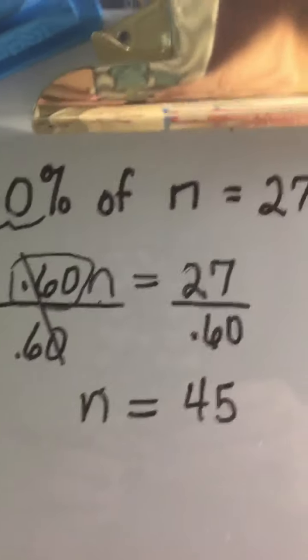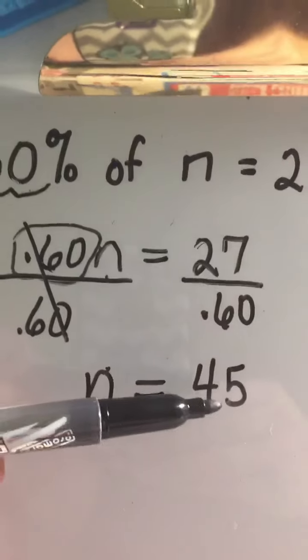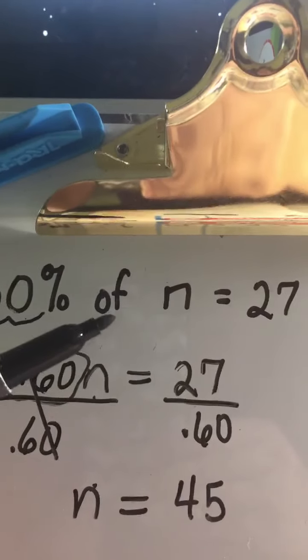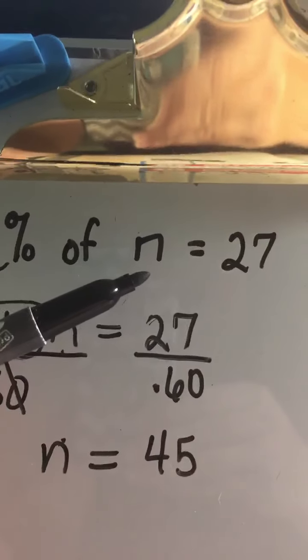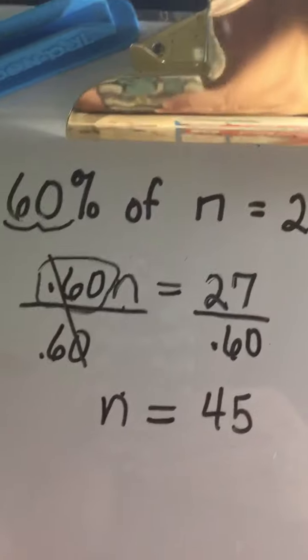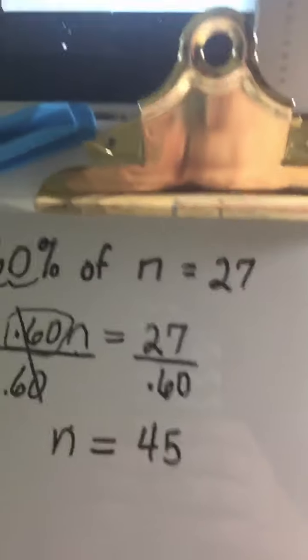And so now my unknown number that I was solving for is 45. So 60% of 45 equals 27. So we've solved the puzzle or the mystery. Okay? Let's try another one.